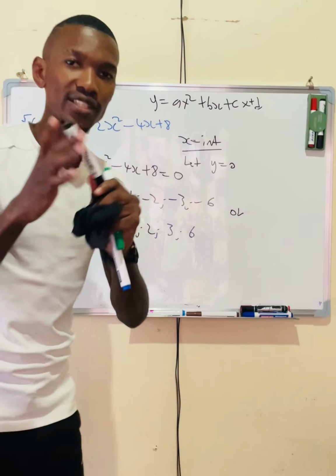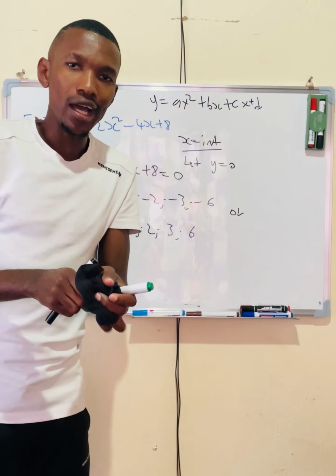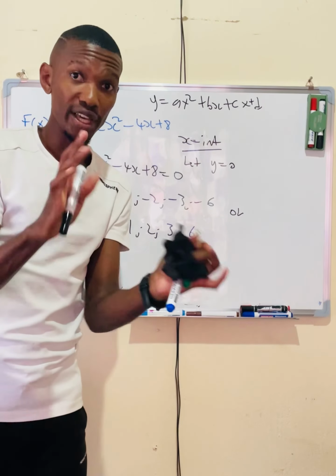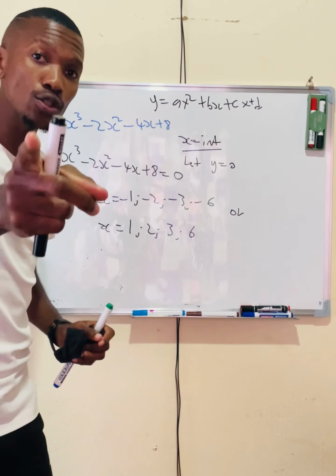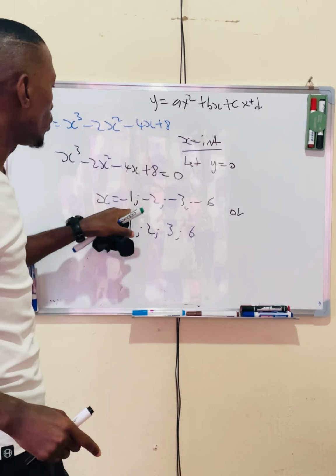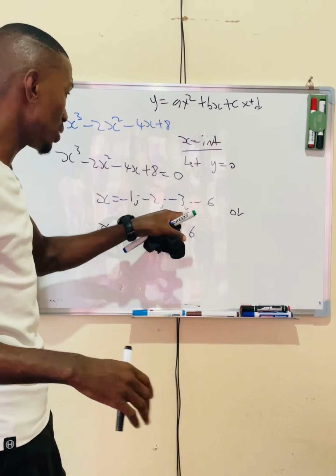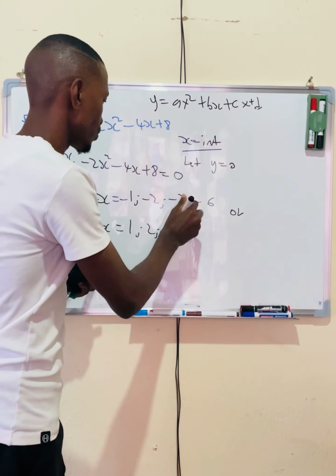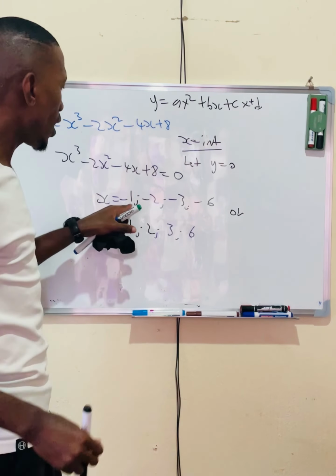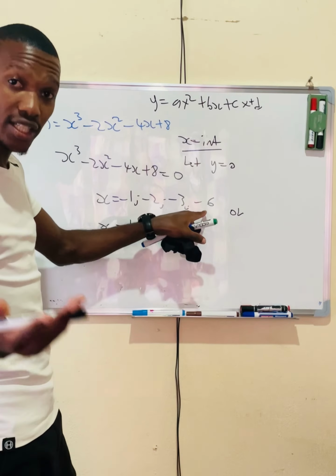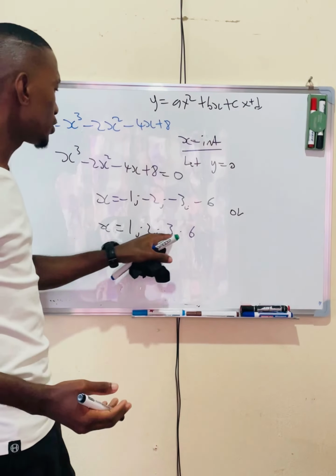So guys, keep this in mind. Make sure that you have a calculator next to you. What I would like you to do is to take all of the negative values first. So we have -1, -2, -3, -6, and we have 1, 2, 3, 6.